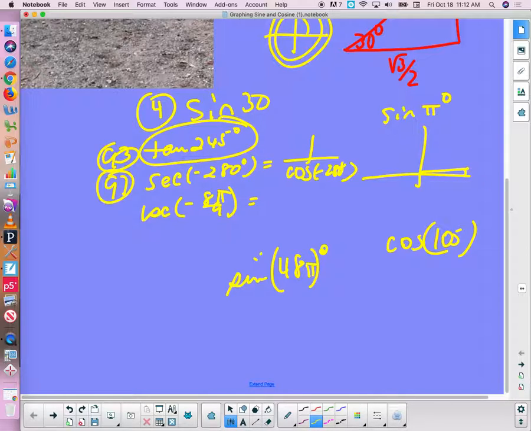I would type it into my calculator like this: 1 over the sine of negative 8 pi over 9. Let's do that. Okay, good question. Hang on just a second.